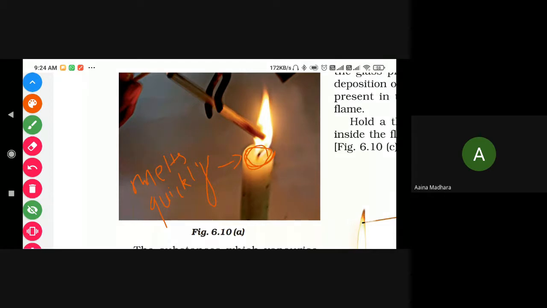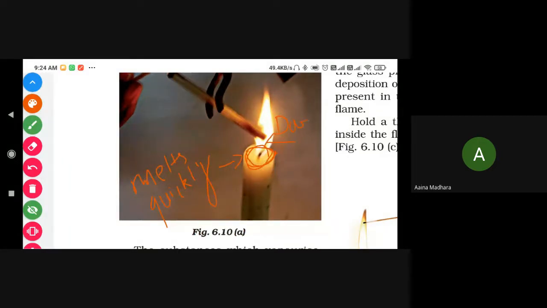Very good. And keep it near the lower part of the flame, which is non-flickering. It is called the dark zone. The dark zone mentioned in the activity is this one. The lower part of the flame is called the dark zone and it is the non-flickering part. Non-flickering means it is not moving.